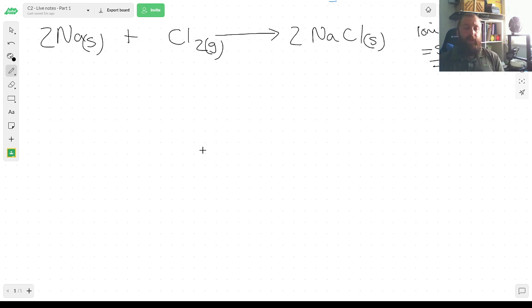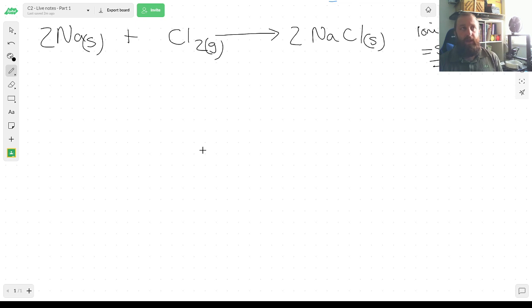But we can choose any of those, and we can draw an ionic diagram in the same way I'm going to do in a moment. We can only draw the electron configurations for the first 20 elements based on the information I've given you so far. So if I was to use something like iodine, which is not in the first 20, I think it's in period 5 from memory, we wouldn't be able to draw that, but we could still draw the diagram if we only include the outer shell.